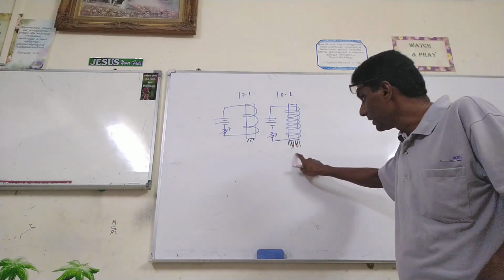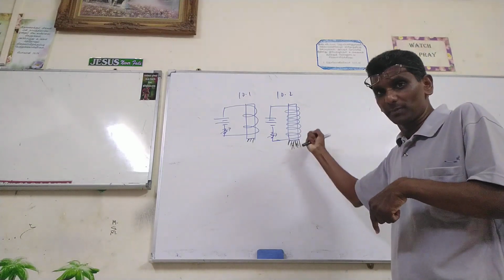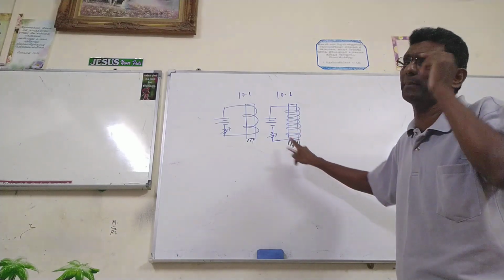So the number of turns is more, and the number of pins attracted or attached is also more in 10.2 than in 10.1.